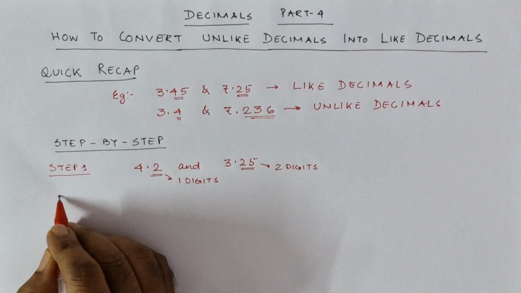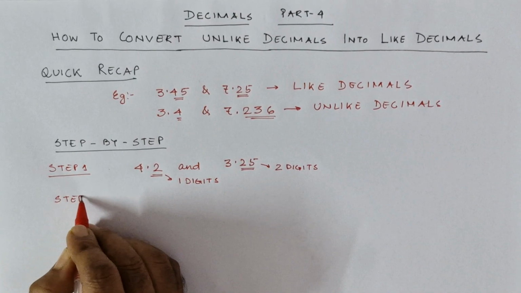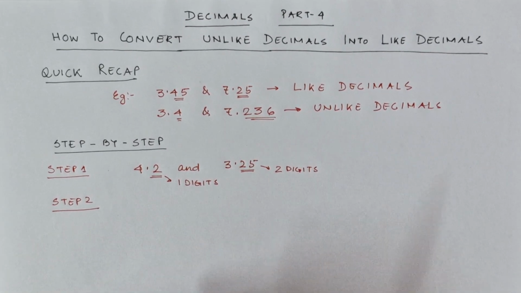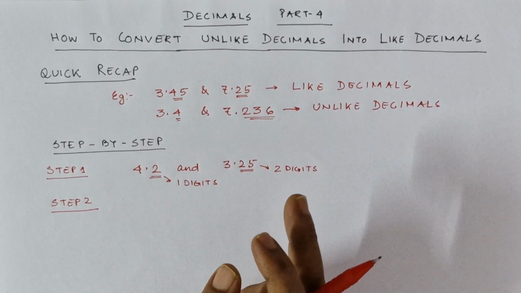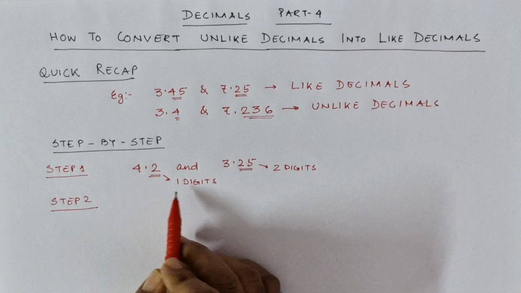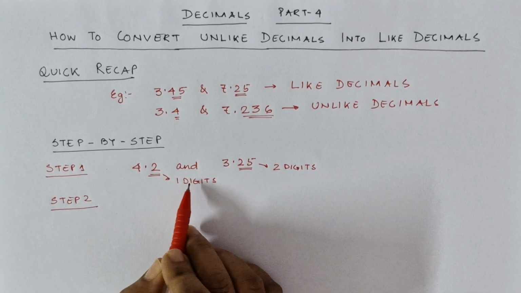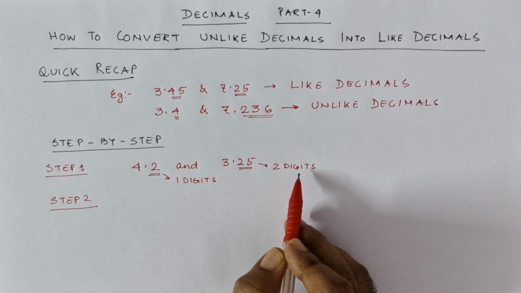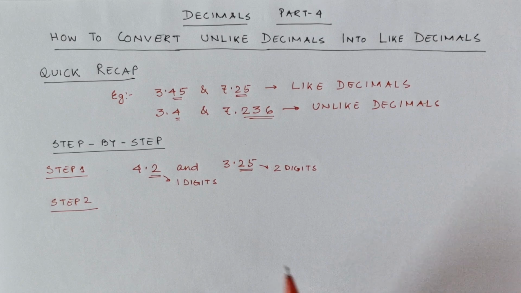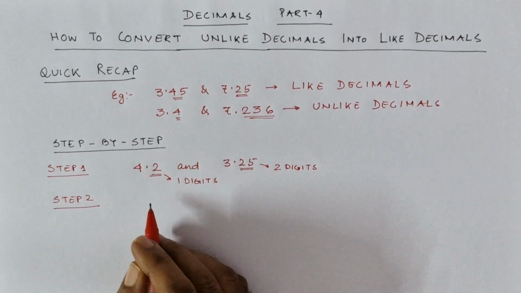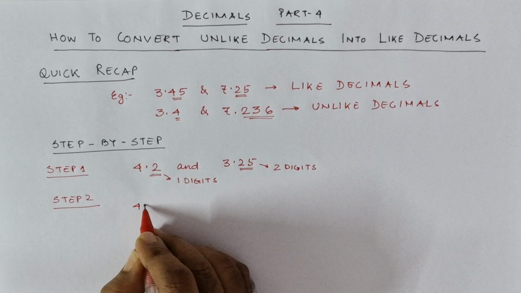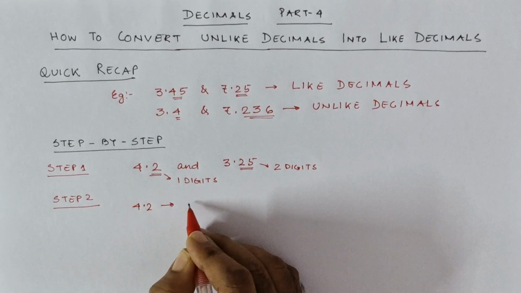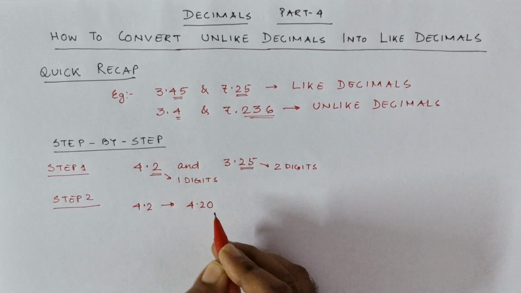Step 2: after identification, add zeros to make the number of decimal places equal. Now which one is less? This one, with one digit. I need to make it two digits. So what do we need to do? Just add 0 after it. So we make 4.2 as 4.20.